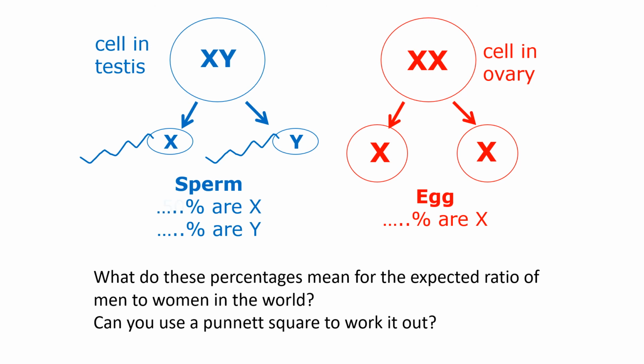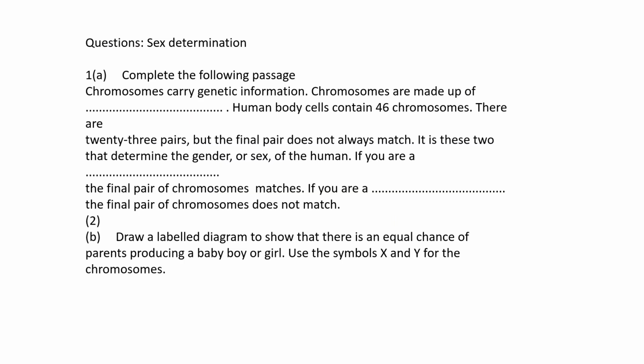Let's take a look now. So you can see that 50% are X and 50% are Y. However, in the egg, 100% are X. Pause the video and fill in the blanks here.